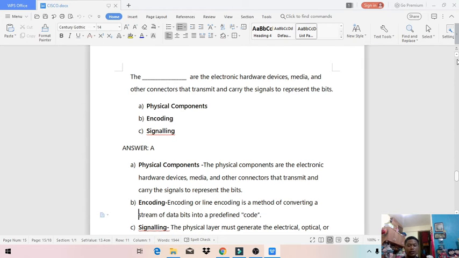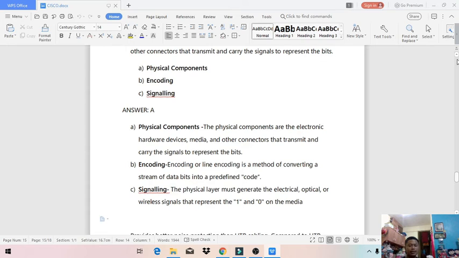The blank are the electronic hardware devices, media, and other connectors that transmit and carry the signals to represent the bits.